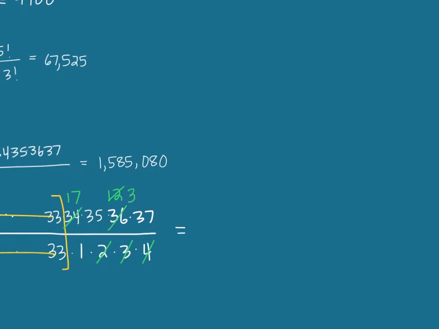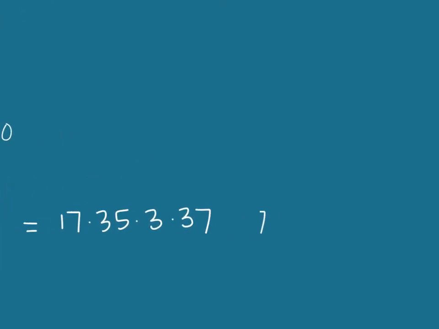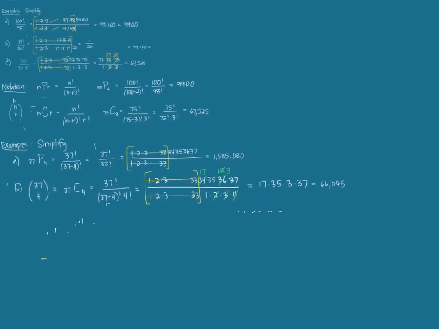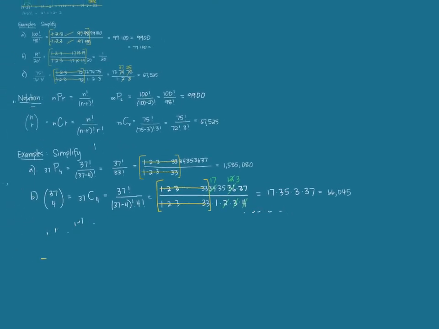So I'm left with a 17, a 35, a 3, and a 37. Those things all multiply together to make 66,045. So those are some samples of evaluating and simplifying factorials with actual numbers.